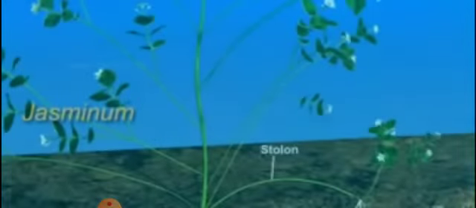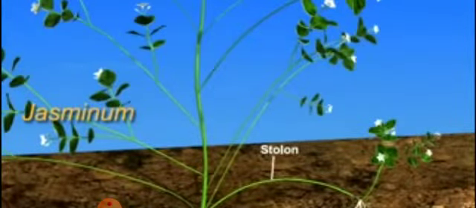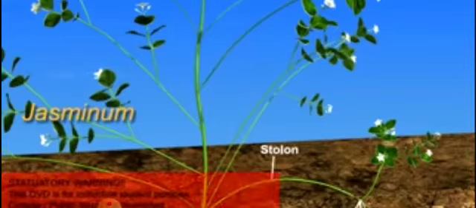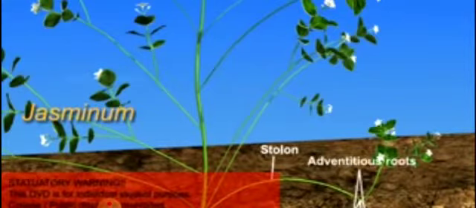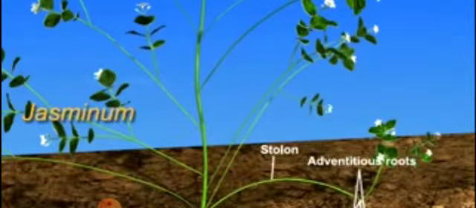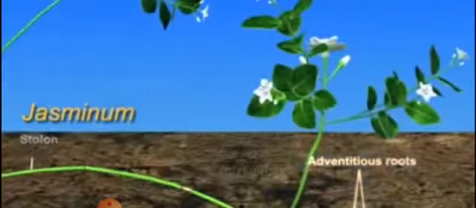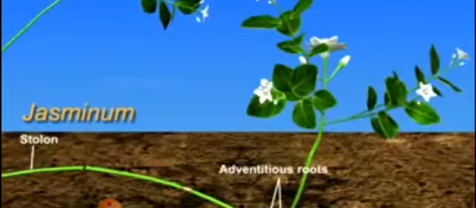Talking about stolons, some plant stems form a rather different type of runner in which the main shoot forms the new individual, like Jasminum. When the growing end of the shoot arches over and touches the ground, the terminal bud curves up, producing a new shoot which soon develops adventitious roots.